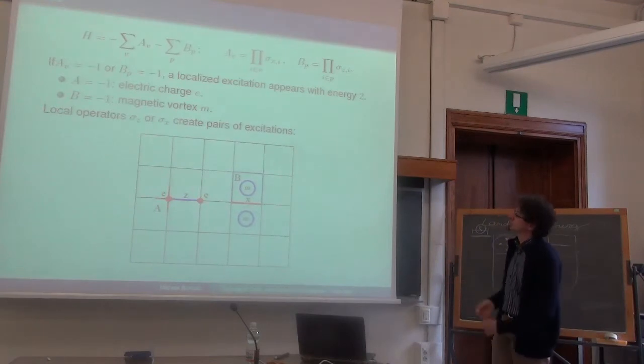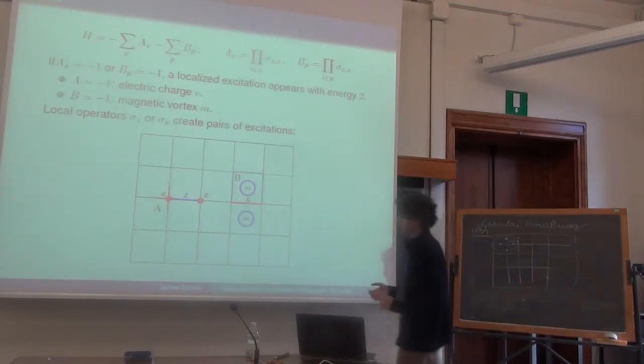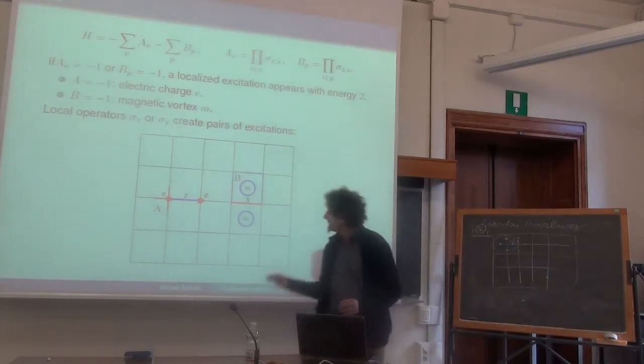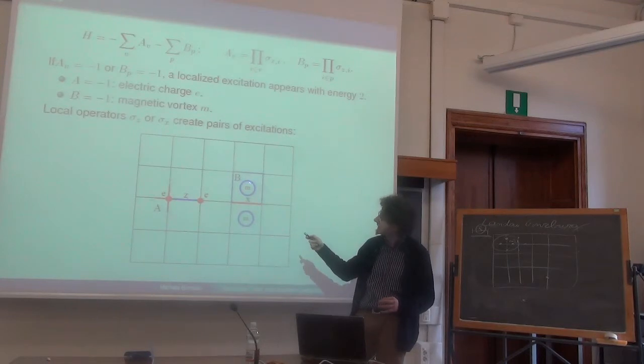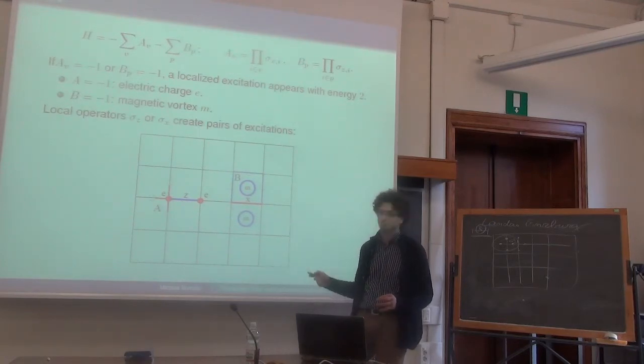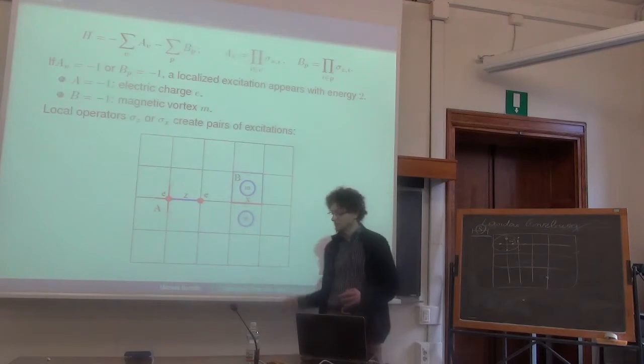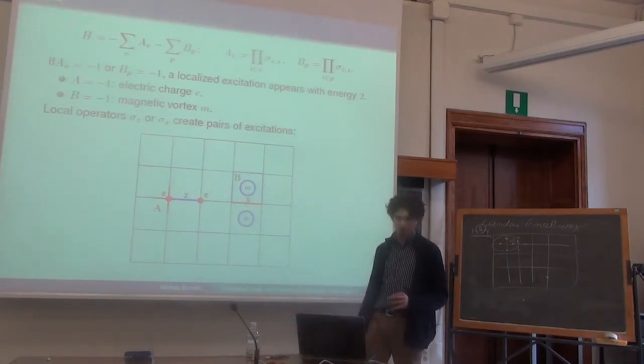The same is true also for the plaquette terms, in which I may apply an operator sigma x to the ground state on a single edge, and I excite 2 different excitations. So I violate 2 of these constraints that tell me that B must be equal to 1. In this case, these 2 plaquettes acquire a sign which is -1, and I interpret this as the presence of a magnetic flux inside this plaquette.